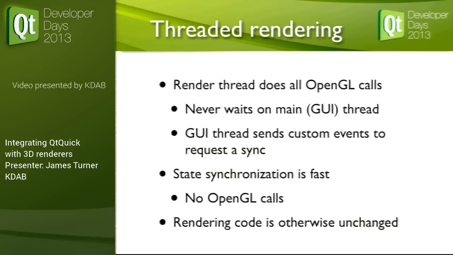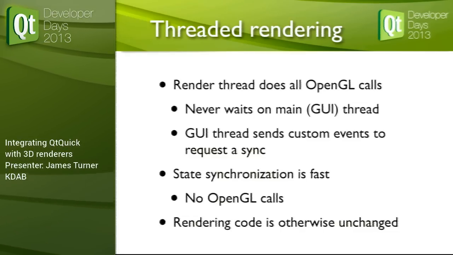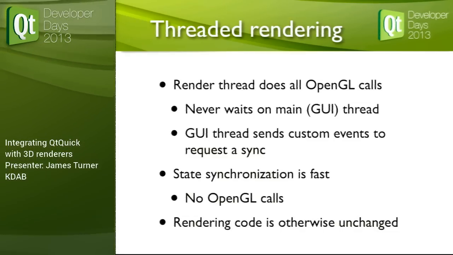So the rendering is probably threaded. And this means that the rendering never waits on the GUI thread. There's a separate rendering thread. It doesn't wait on the GUI, and occasionally the GUI sends custom events which cause the synchronization to happen. So state synchronization is very fast, and we've already built these SG nodes up on the main thread. The synchronization simply copies over. You have a rectangle with a color and a width and a height.